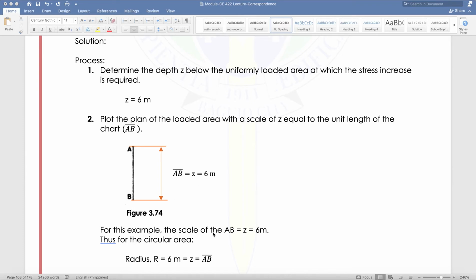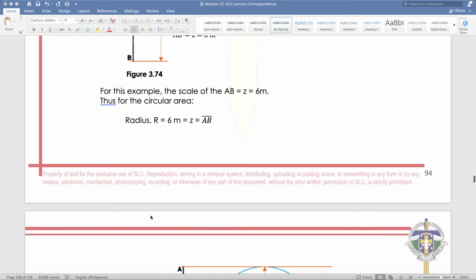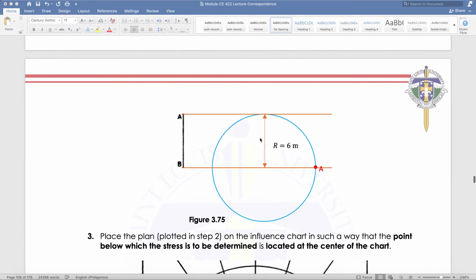For this example, the scale of A to B is equivalent to z is equivalent to 6. And for the circle area, R is equivalent to 6 meters. z is equivalent to AB. So ito yung diagram natin, ito yung circle natin. From this point to the center, nagkataon na 6 yung scale natin.